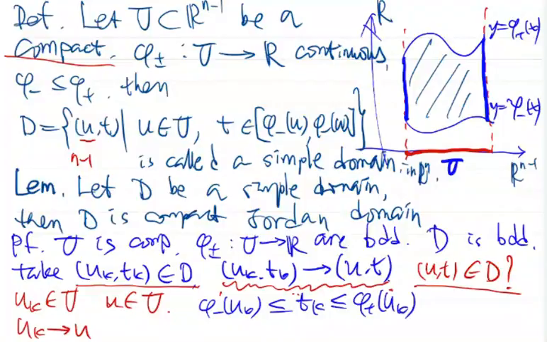Now phi plus and phi minus are continuous, so the left hand side converges to phi minus u, because u_k converges to u, and the right hand side converges to phi plus u, and also t_k converges to t.